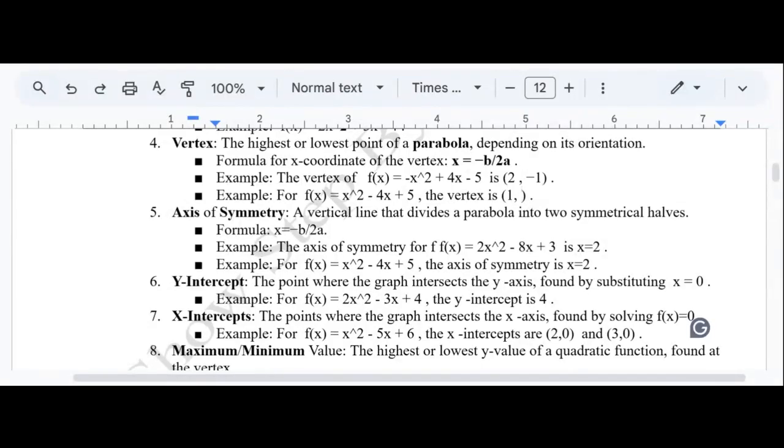Now we need to get y. So I will replace x by how much? By 1. So you're going to get 1 squared minus 4 plus 5. 1 squared how much? 1. Plus 5? 6. Minus 4? 2. So what should I put here? 2. Up to here is clear?